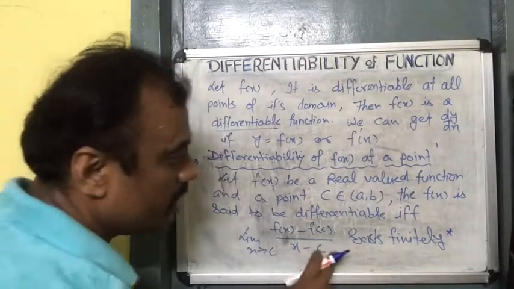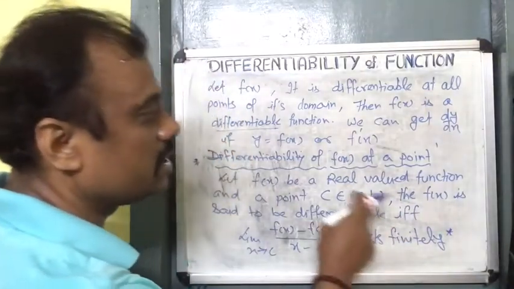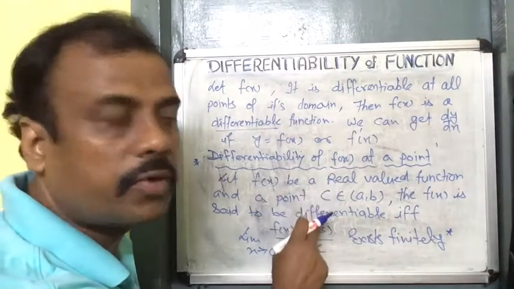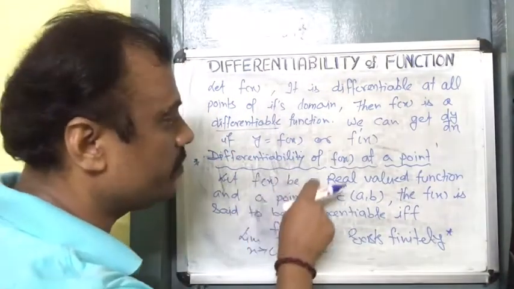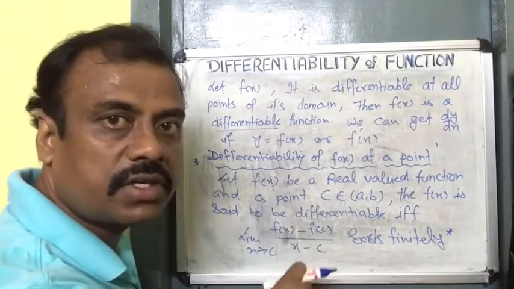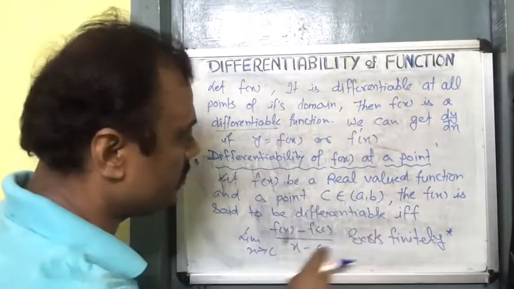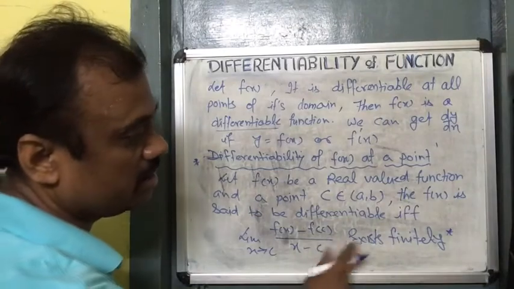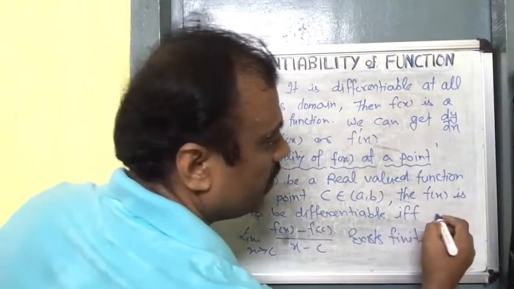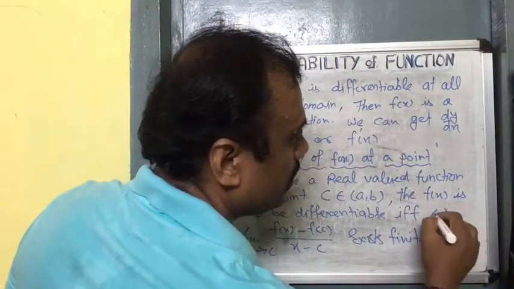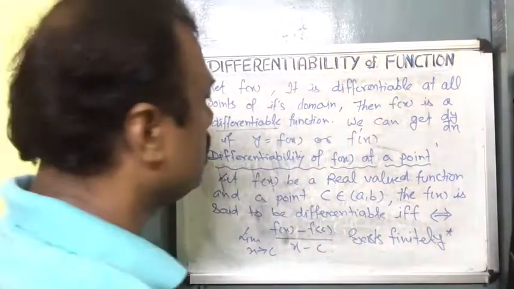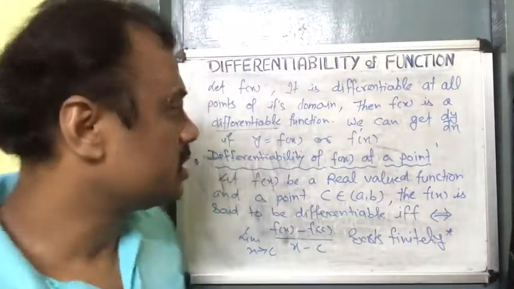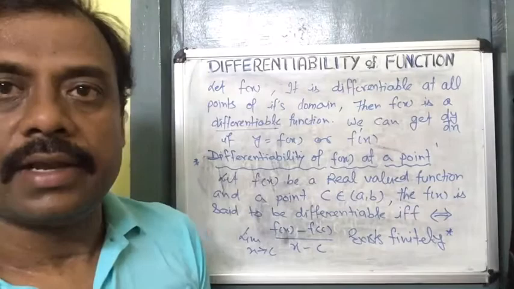If this limit exists finitely, then the given function is differentiable at point c, and if the given function is differentiable at point c, then we can write this, because of if and only if. Now let us discuss this in detail.